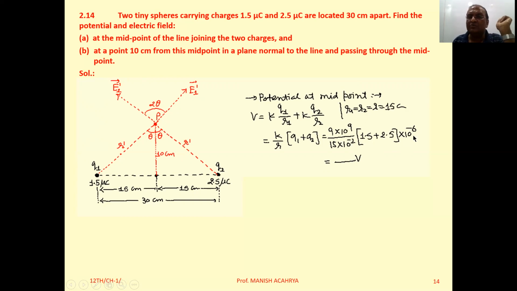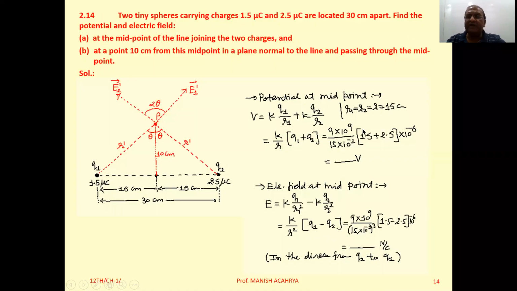Here 10 raised to minus 6 is taken common and written outside the bracket. Now solve this one, you will get the resultant potential at the center, or we can say midpoint. Clear up to this one?